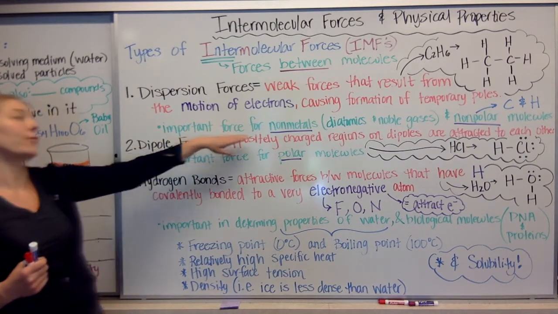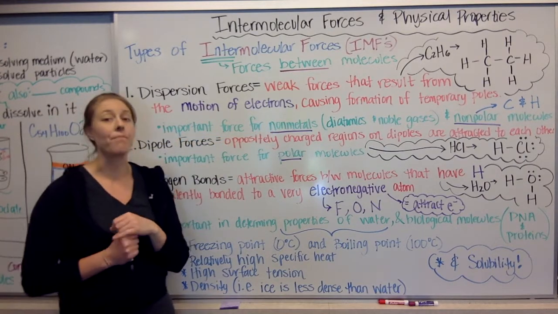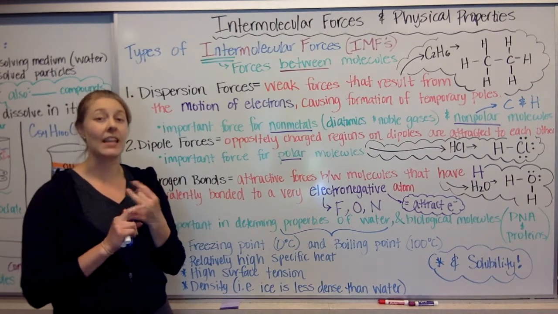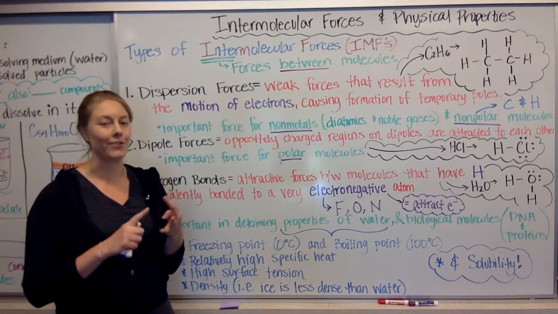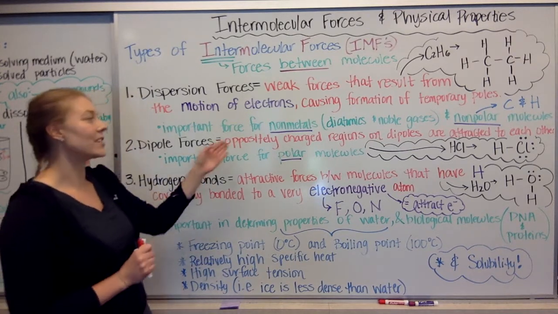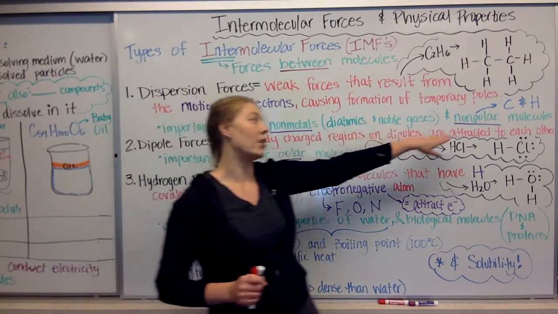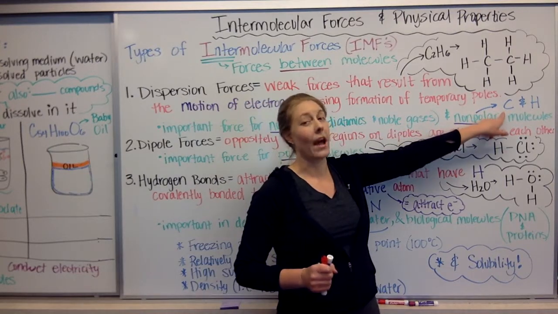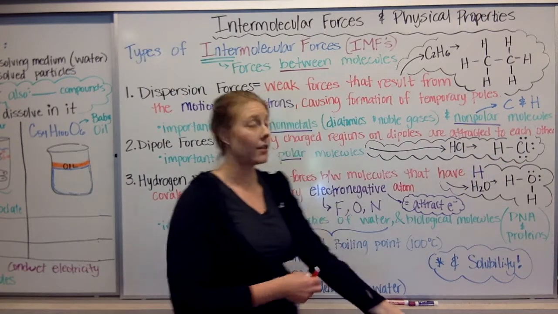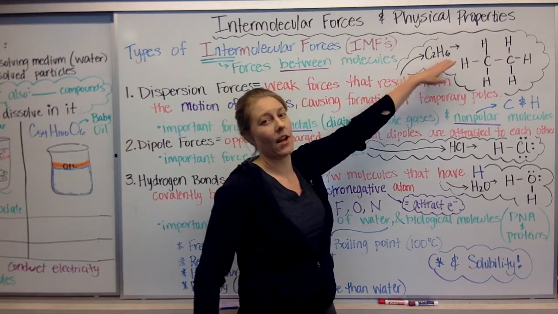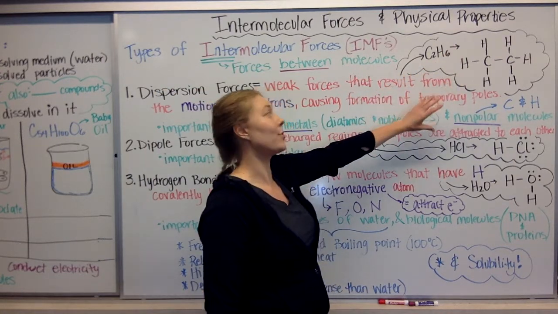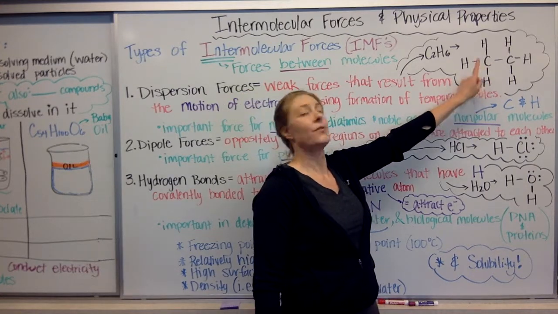This is also an important force for non-metals, diatomics specifically, and noble gases. So remember our diatomics, H2, F2, N2, O2, you know the rest. All right, so diatomics, noble gases, and nonpolar molecules where we have carbon and hydrogen bonding, okay? Our example up here, C2H6, all right? If we had time in class, you already drew this Lewis structure, C2H6.